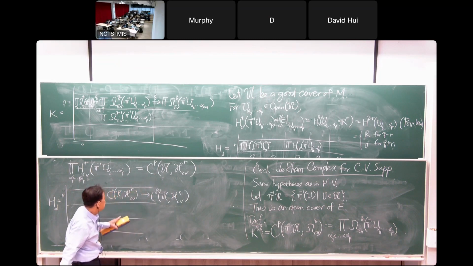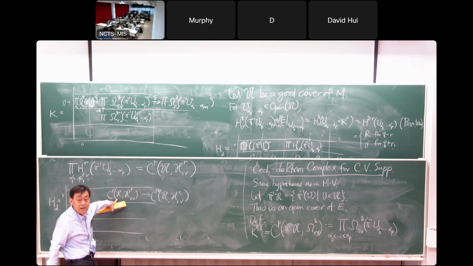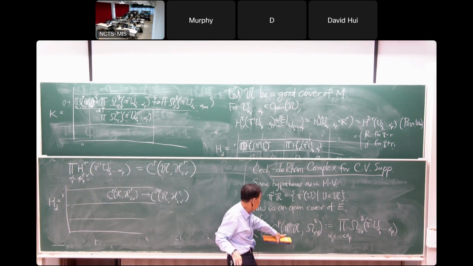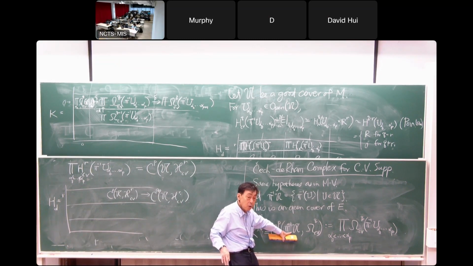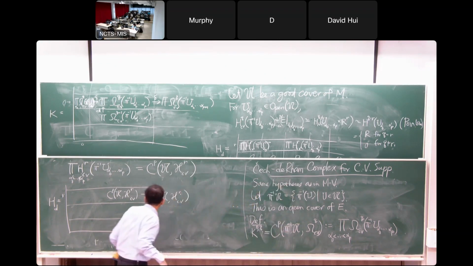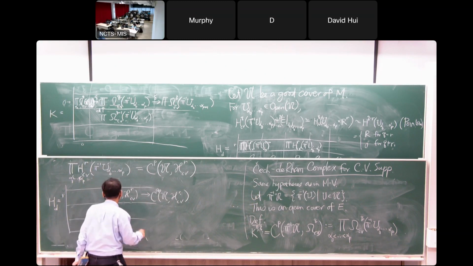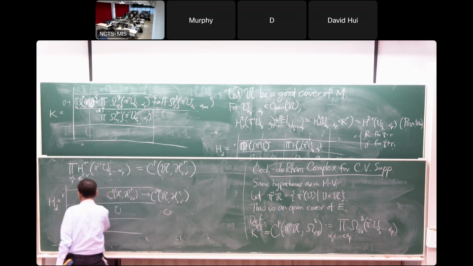Now you notice that now you're using the open cover on the base. Where in the original double complex, you're using the open cover on E, upstairs. But here it's downstairs because this pre-sheaf associates an open set downstairs with the cohomology of its inverse image. Okay, so this is what you have.